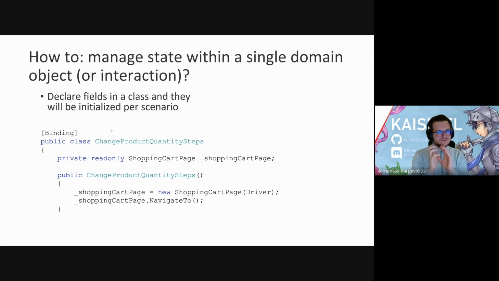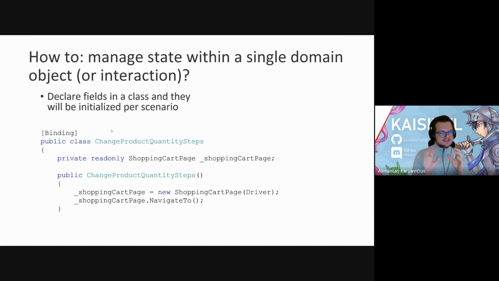When you reason about things, you should reason about a logical domain object rather than a semantical piece of your test. So the logical domain object is changing product quantity. All about it should be in the same class, in the same place.